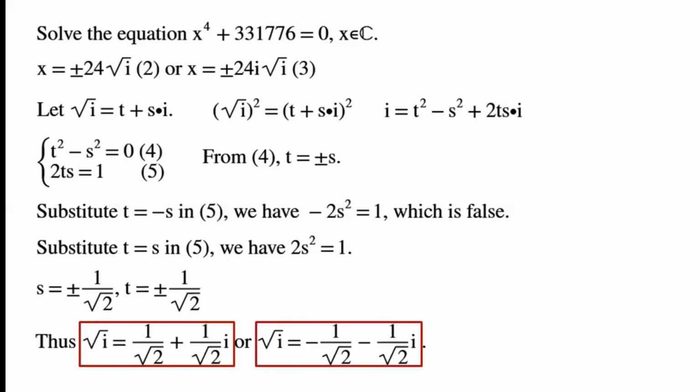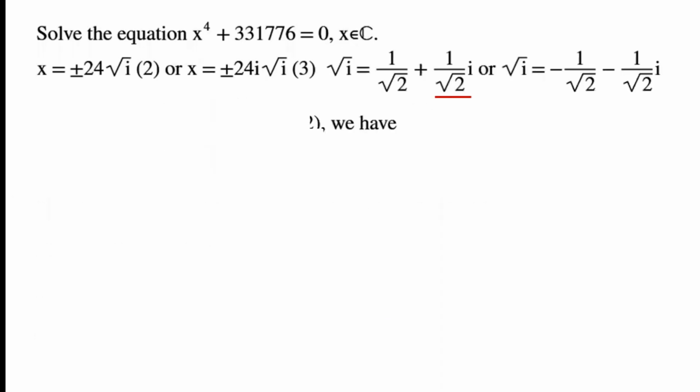Thus, root i equals 1 over root 2 plus 1 over root 2 times i, or root i equals minus 1 over root 2 minus 1 over root 2 times i.